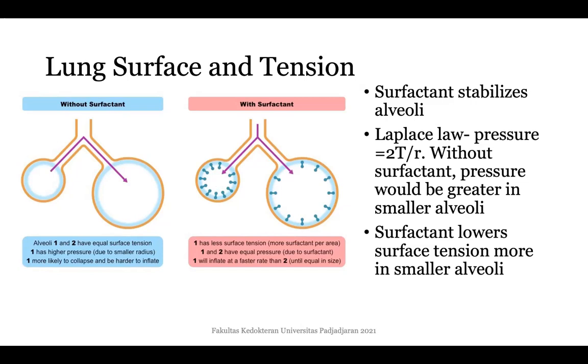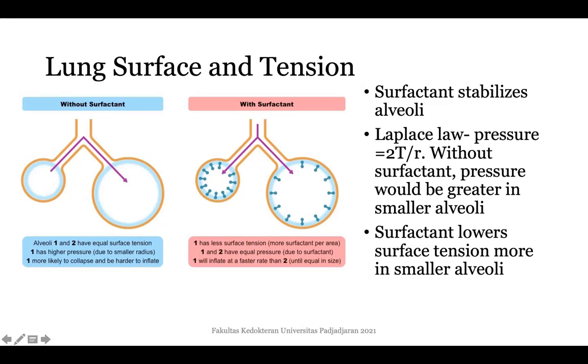That's what's shown here. It lowers the surface tension in the smaller alveoli more, so that even though they have a different radius, the pressure in alveoli number 1 and 2 are the same. That's another important aspect of surfactant, based on its molecular properties.